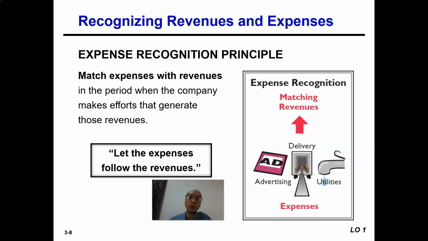So we should also recognize the delivery expense in February, although we might pay the courier company in March or April. We must recognize the delivery cost in February, because that is also the time that we recognize the revenue from the delivery of the items.